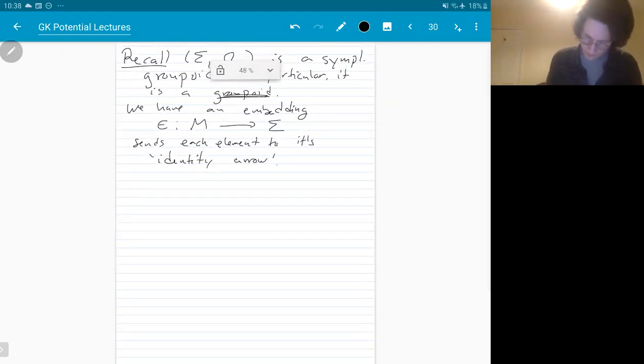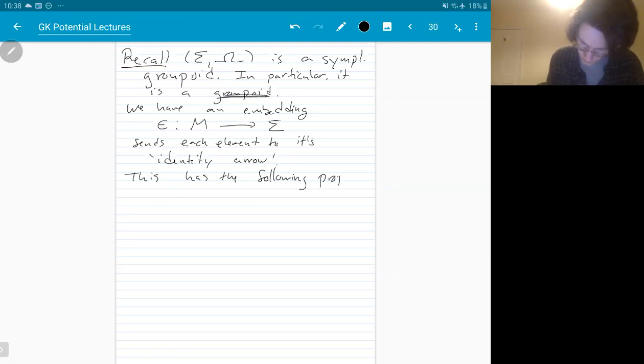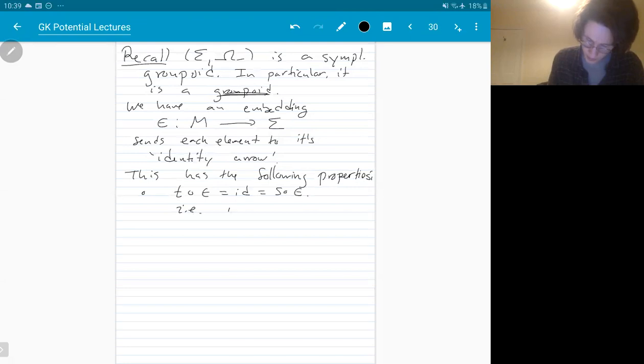It has the following properties. The first one is that it's a section of T and S, so in other words, it's a bisection.